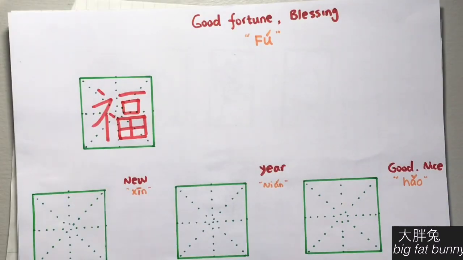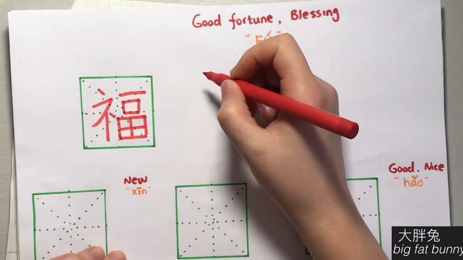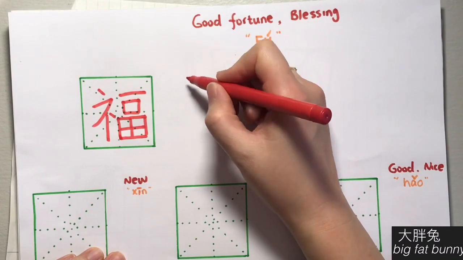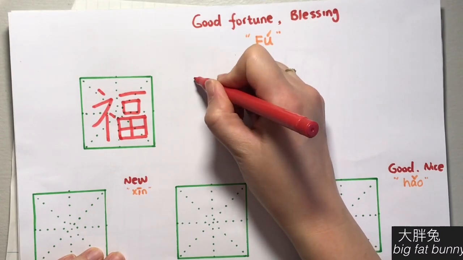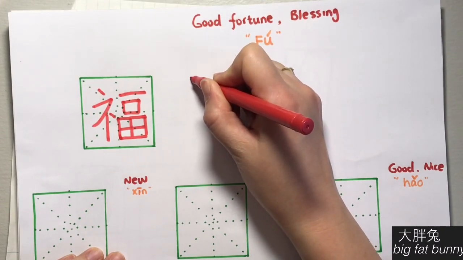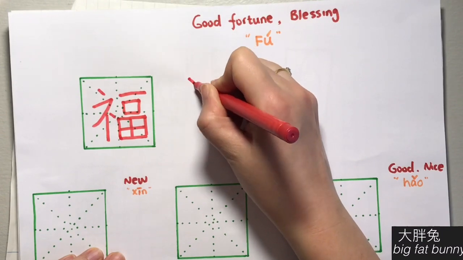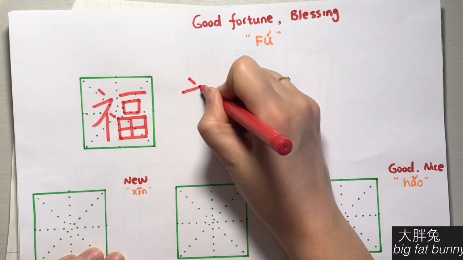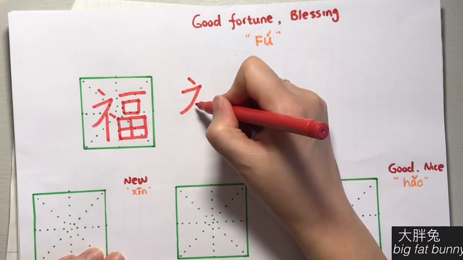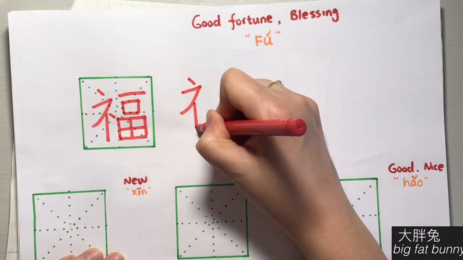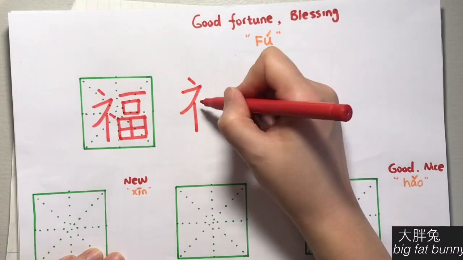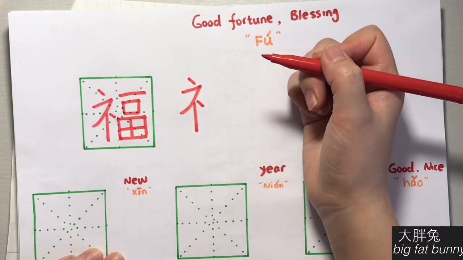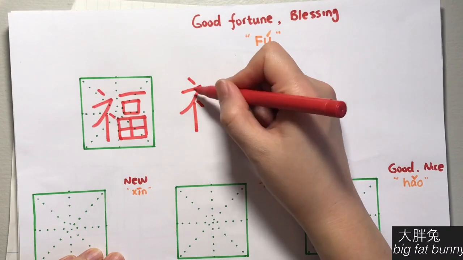Now let's write it again. For Year of the Rat 2020, good blessing. Wish you a Happy New Year. First one, the second one, then a little stick kind of in the middle, little dots, but not too long.